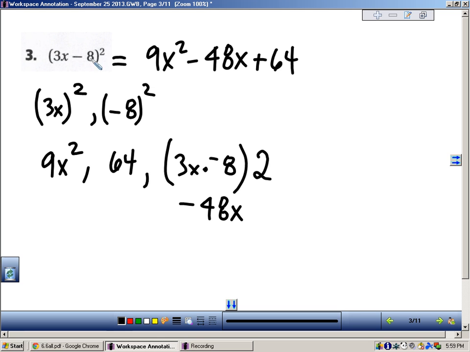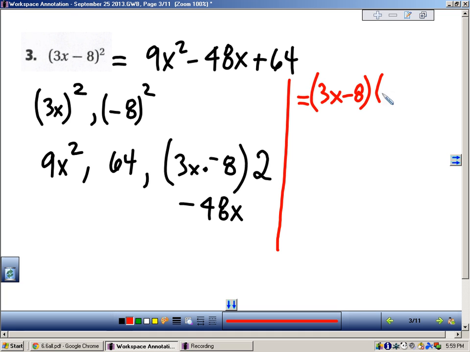If I was going to use the FOIL method, here's what I would have. I'll just divide this here. This would be like the difference between the two terms.